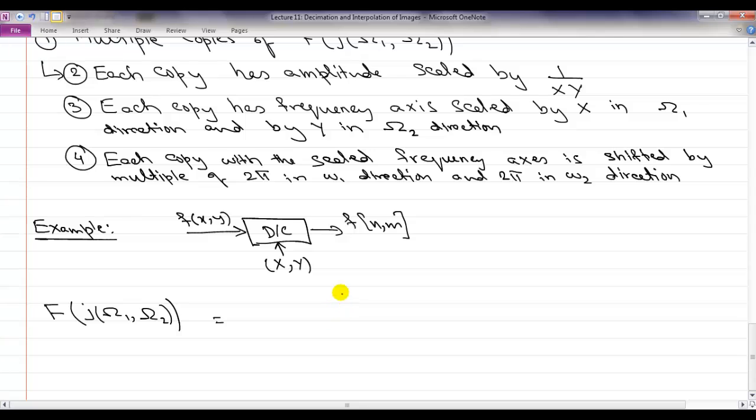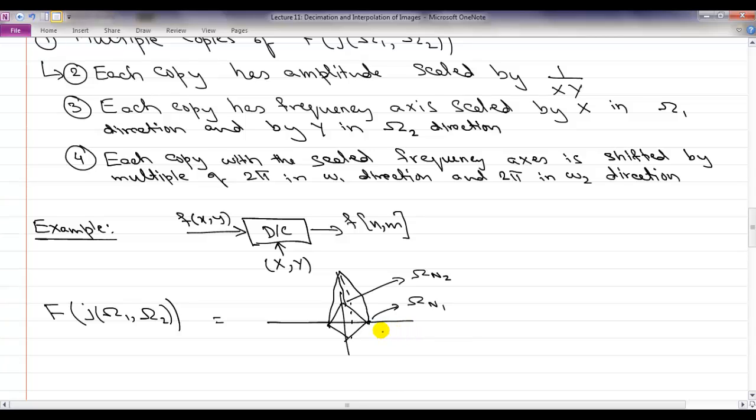So let's say that this is my Fourier transform. This point is omega n1, this point is omega n2.